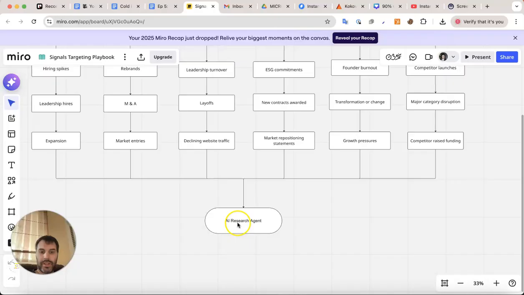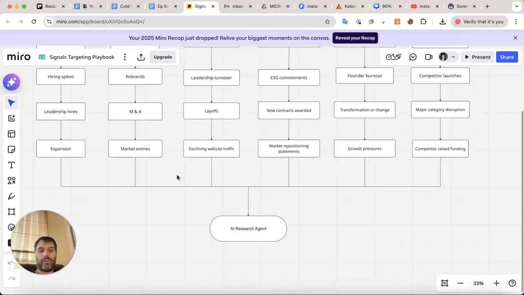And a lot of this stuff too, just before I finish up, AI research agents. You can find out a lot of this in tools like Clay, Airscale, Persana, whatever you're using. You can use their research agents and run prompts to find this stuff out.